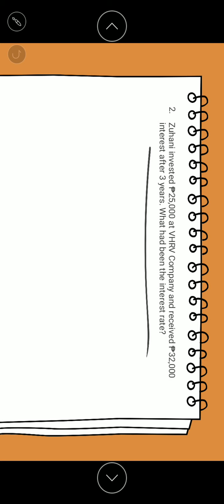First, write down the formula, which is I equals P R, the formula of simple interest, and T. Second, write down the given facts or given values of the formula.